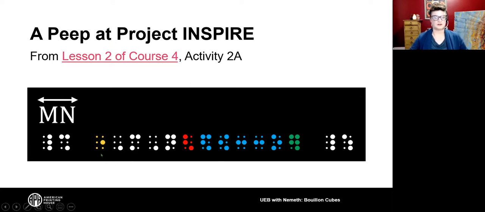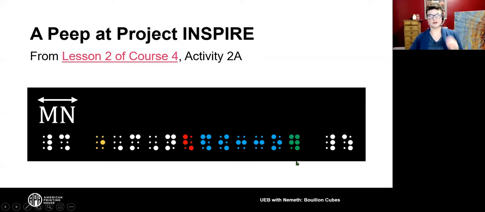So in this case, the dot 5 that begins our modification is yellow. The directly above indicator telling the Braille user, hey, this is where the modifier happens, is red. And then our actual modifier, all 5 cells of it, is blue. And our terminator, the thing that says modification is over, is green.